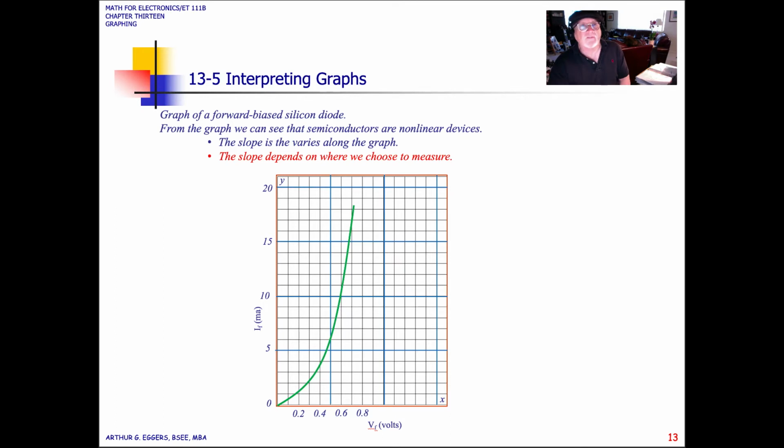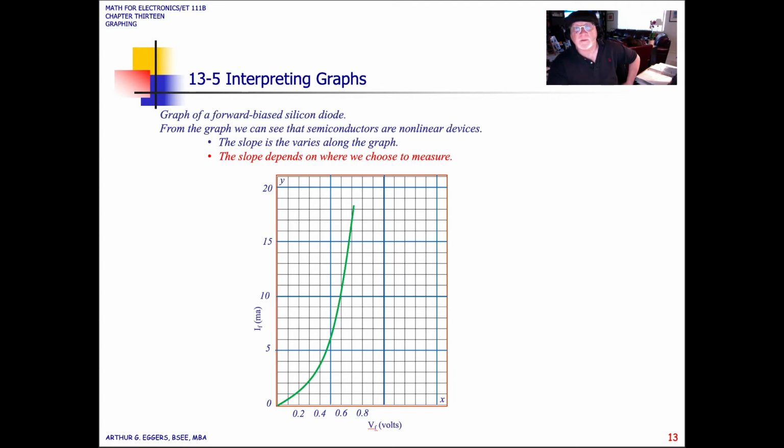Another type of graph, in interpreting graphs, is not a straight line but something we call a nonlinear device. A nonlinear device will give us this curved line instead of a straight line. As the voltage increases, the current non-linearly responds to that increased voltage. The difference in this one is we cannot track the slope based on the curve itself.